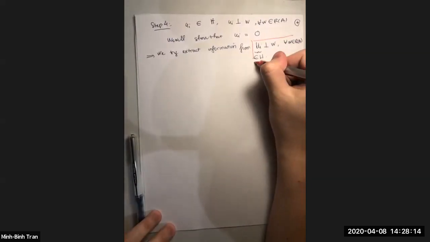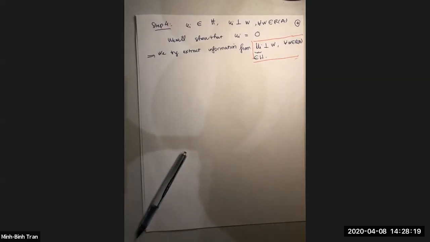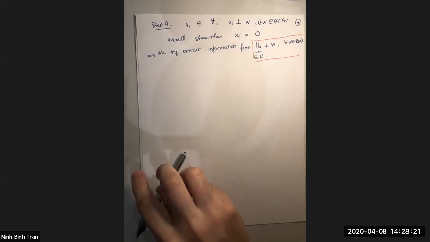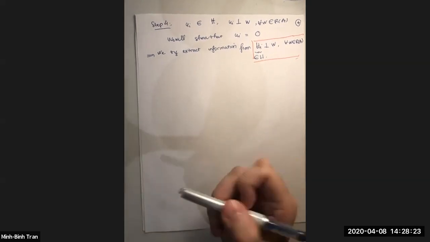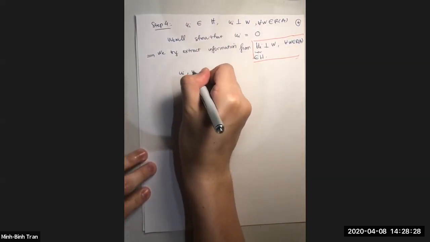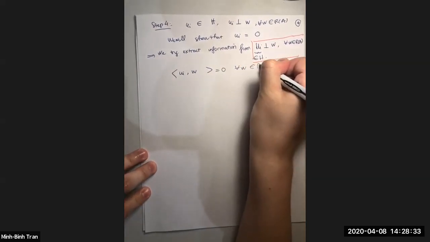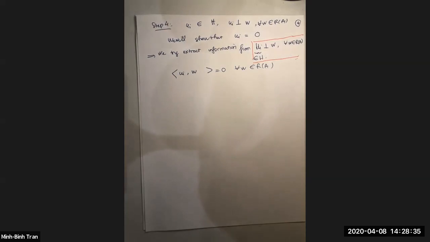What kind of information can you extract from this kind of thing, right? So you have a vector UI in H. This vector is going to be orthogonal to all of the W in the range of A, which means that the inner product of UI with W will be 0 for all of W in the range of A. So what kind of information can I extract from this relation?